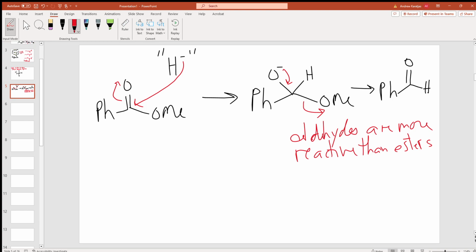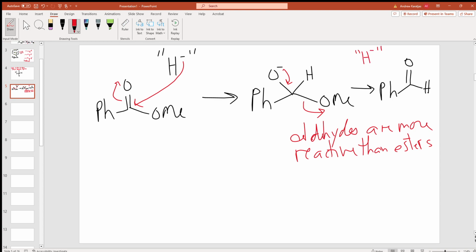The weaker reducing agent, sodium borohydride, is strong enough to reduce the aldehyde. So the fact that we've got an even stronger reductant here in LAH, that aldehyde's going to immediately get reduced. Again, for our purposes, this is going to be good enough.